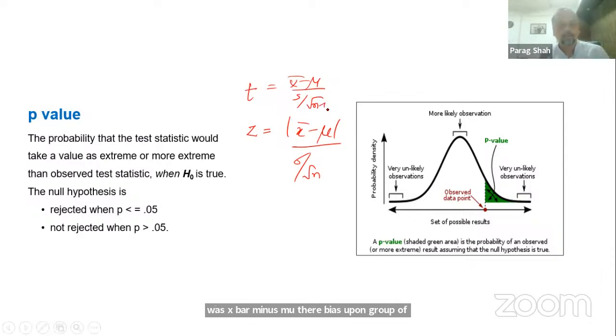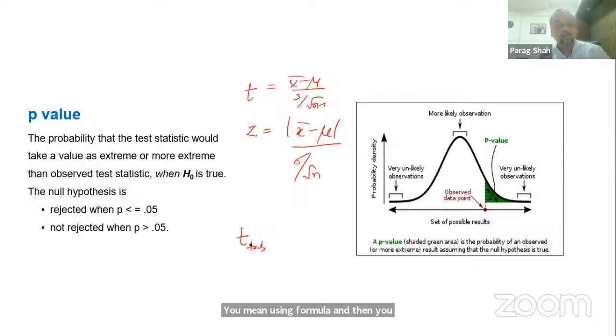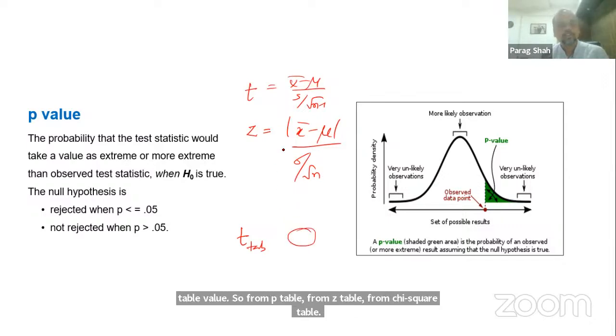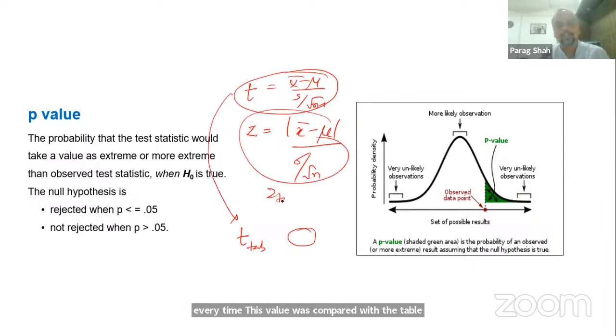We were using formula, and then we were calculating the table value. So from T table, from Z table, from chi-square table, we were finding out the table values also. And then every time this value was compared with the table value, or Z value was compared with the Z table value, and so on. So it was a very difficult task for the non-statistician.